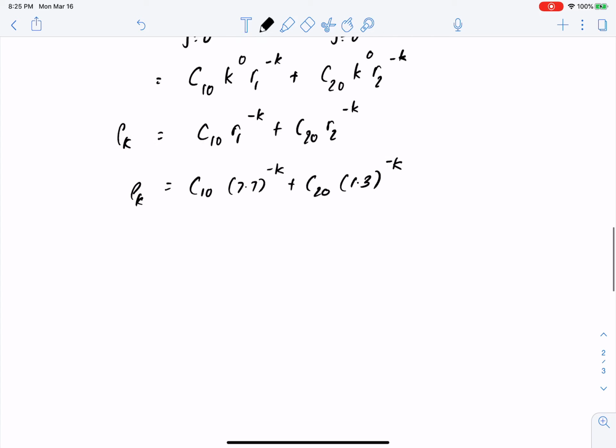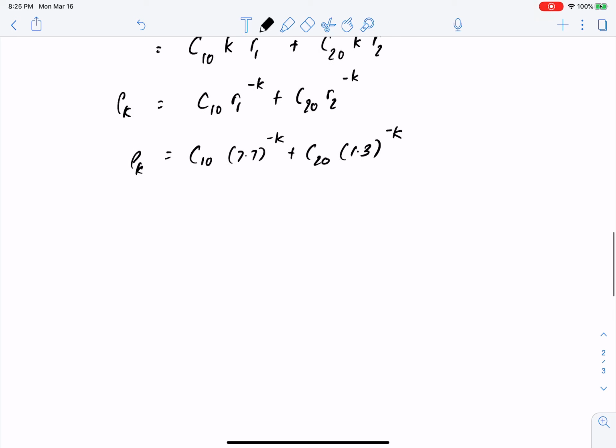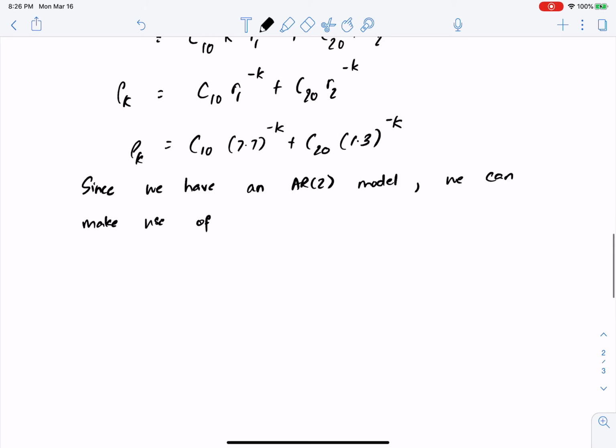Since this is an AR2 model, we can make use of the first two autocorrelations to find an expression for row k.